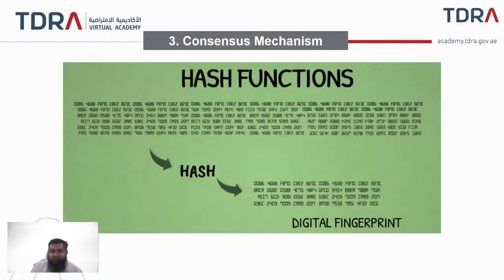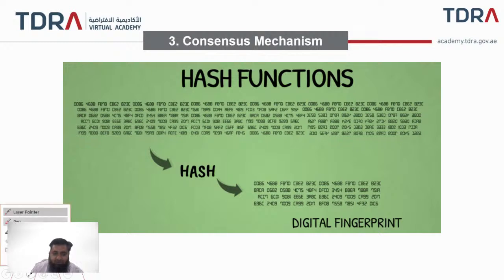Now here is the hash function. What is the hash function? The hash function is the process of converting the original information into the digital fingerprint. So the digital fingerprint is generated from the information that is used as an input.